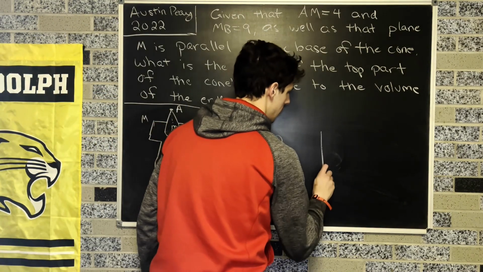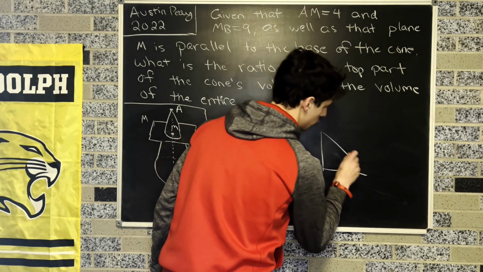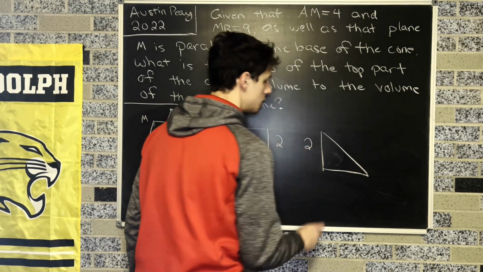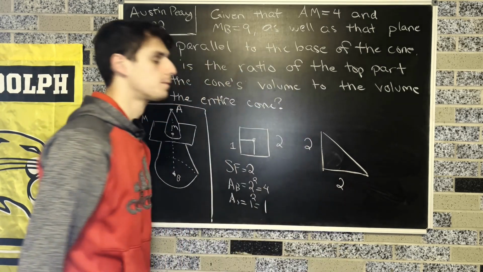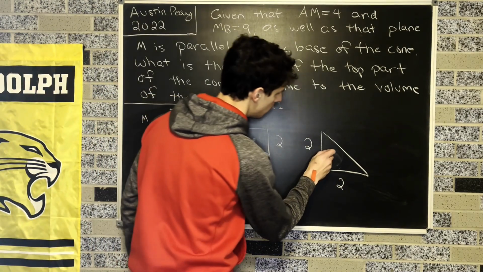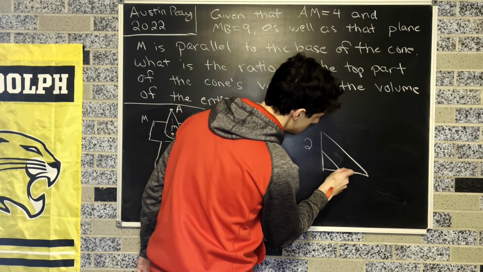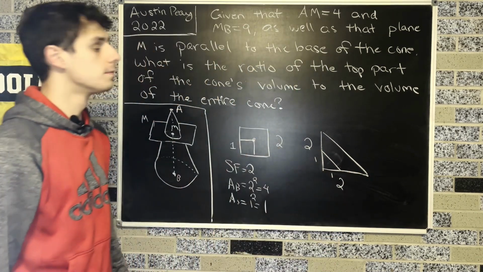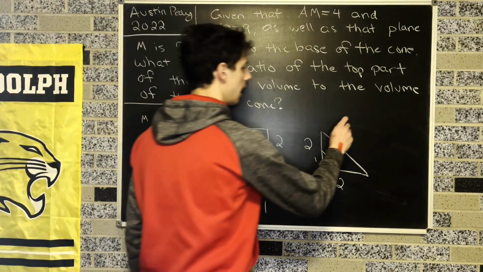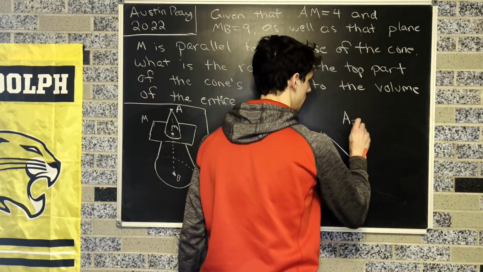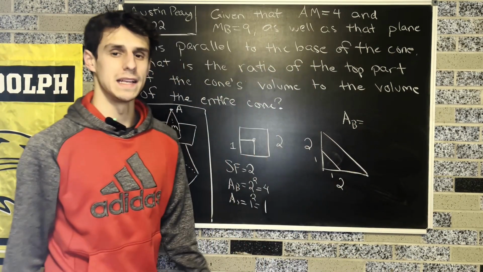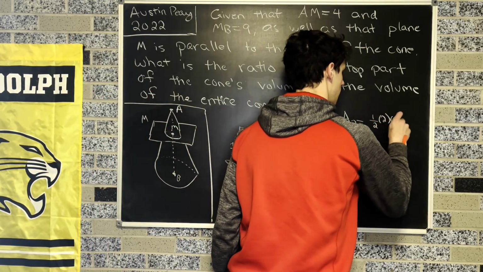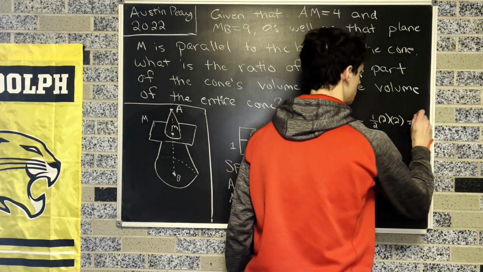But let's look at a triangle next. So say we have a triangle, and the triangle has a height of 2 and a base of 2. And then inside this triangle, we can inscribe a second triangle with a height of 1 and a base of 1. The area of the bigger triangle is 1/2 base times height, which is 1/2 times 2 times 2, and that's equal to 2.